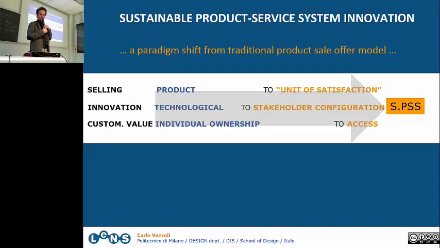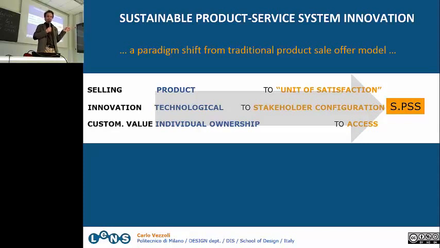We're not just selling product, but selling unit of satisfaction. And we will come to this later. So I'm not selling a car, I'm selling a mobility, or maybe not even a mobility. I'm selling the possibility to go meet a friend, which is a type of mobility. That is the unit of satisfaction, what I'm satisfied of, all right?